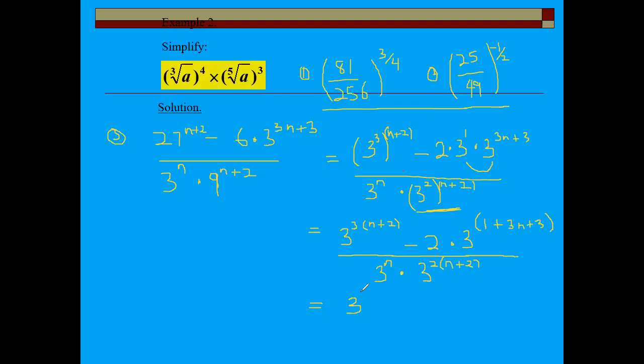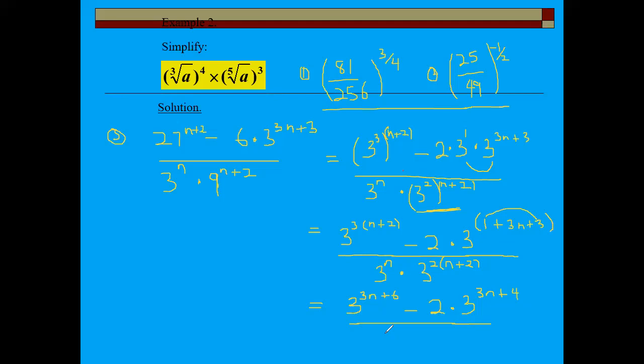So this will be 3 raised to the power 3n plus 6, minus 2 times 3n plus 4, or because we are adding 1 and 3, that will give us 4, all over 4.